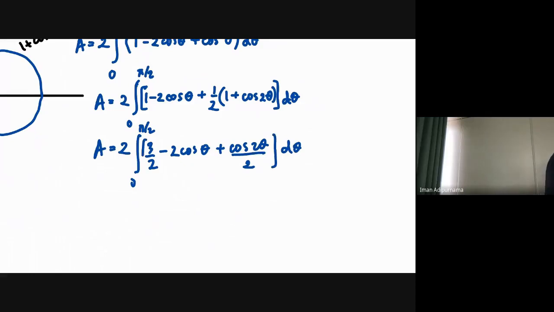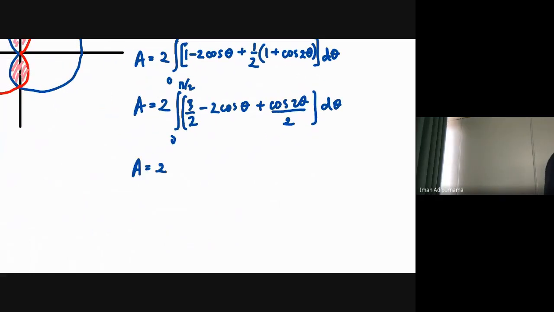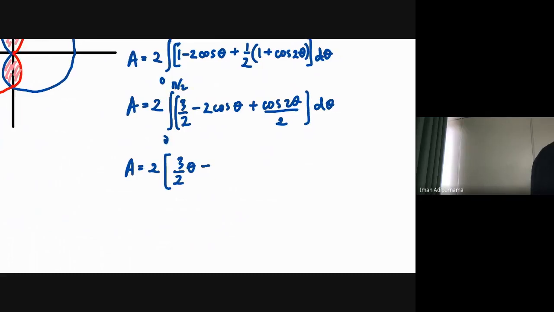Let's compute this to 3 over 2 minus 2 cos theta plus cos 2 theta over 2, then d theta. I think we can integrate all. So 3 over 2 theta, plus, wait, it's minus 2, minus 4.